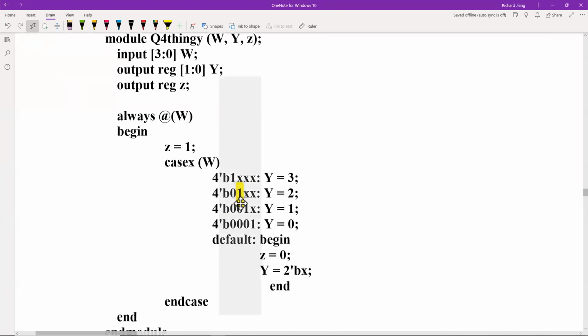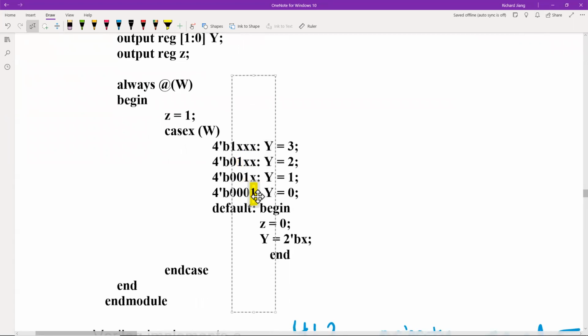And then at the very end, this bit has the least priority. That's why we check it last. It's saying if everything before it is a 0, then we'll check this, and if this is a 1, then we'll make it so that y is equal to 0. But if none of these are 1, then it goes into the default state and sends an x, an undefined or contention value, onto the output y.